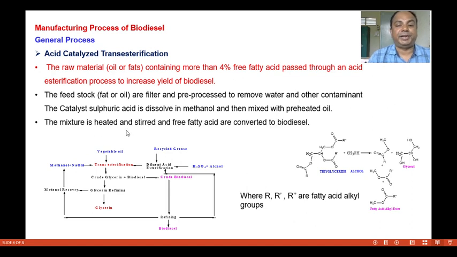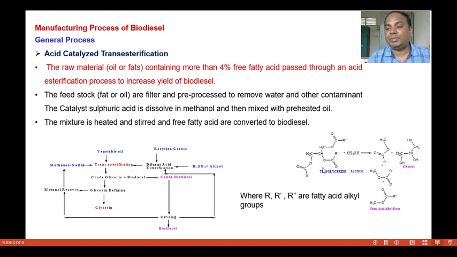The mixture is heated and stirred. So the triglycerides get converted into biodiesel, another ester, different from the ester that exists in the triglyceride.